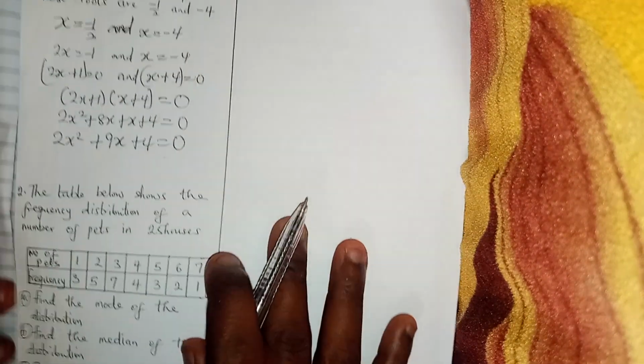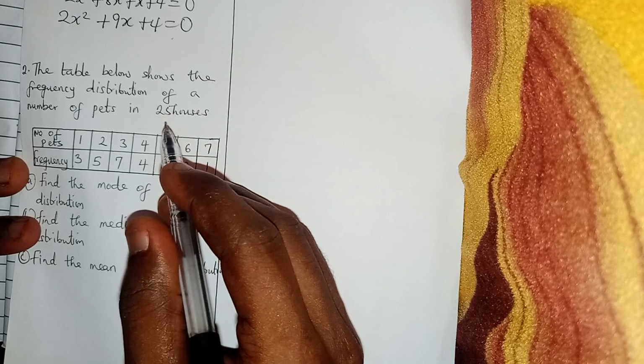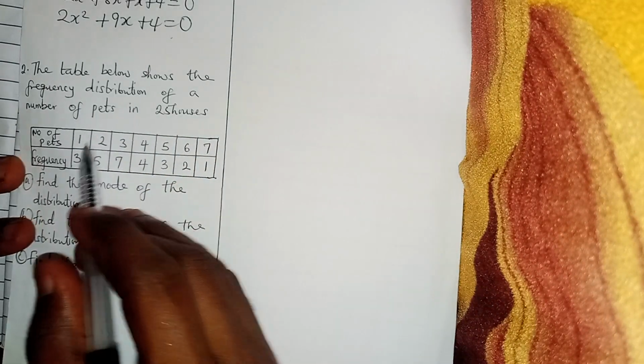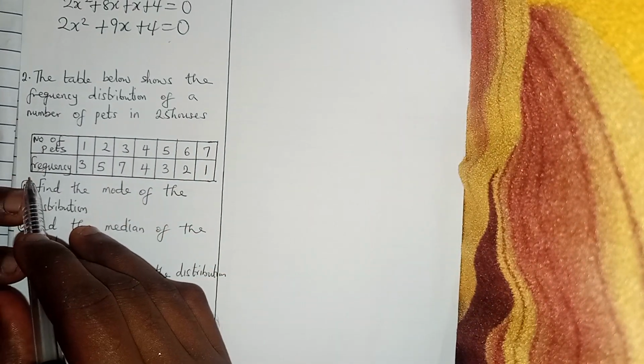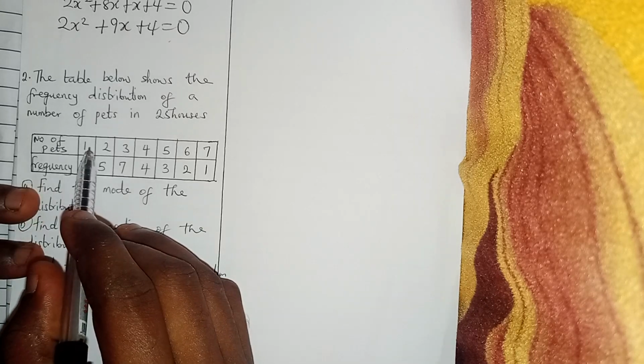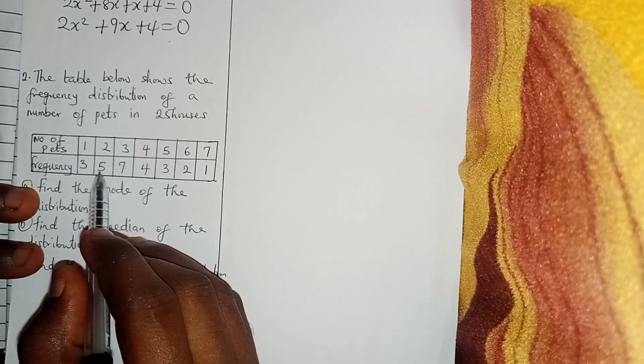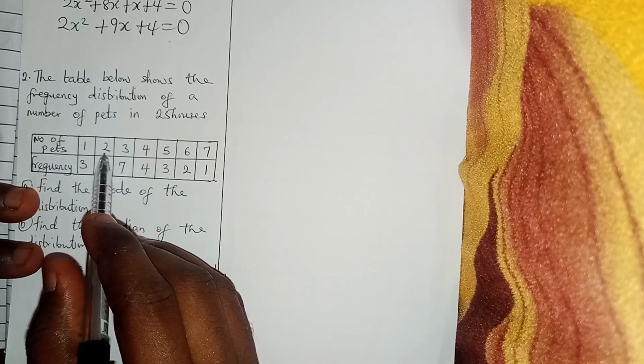Now the second question is: the table below shows the frequency distribution of the number of pets in 25 houses. You can see the table. Now we have 3 houses with just 1 pet, 5 houses with 2 pets, 7 houses with 3 pets, like that.